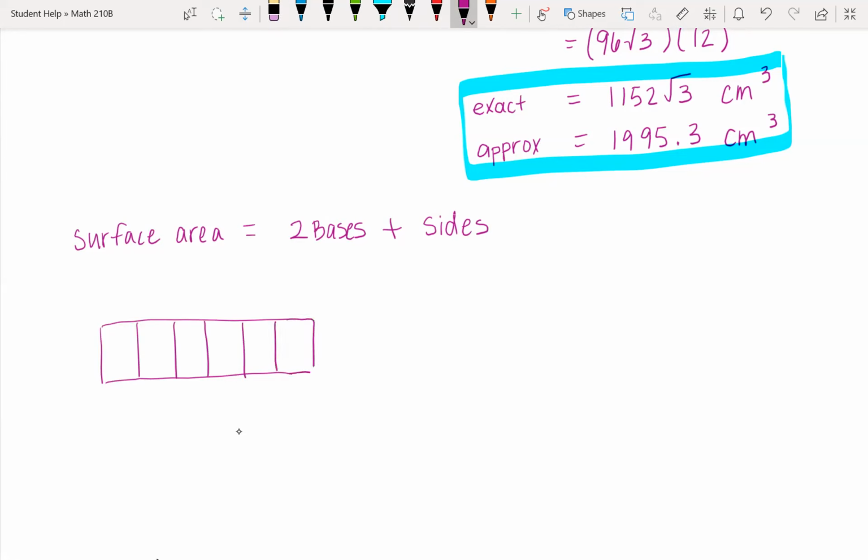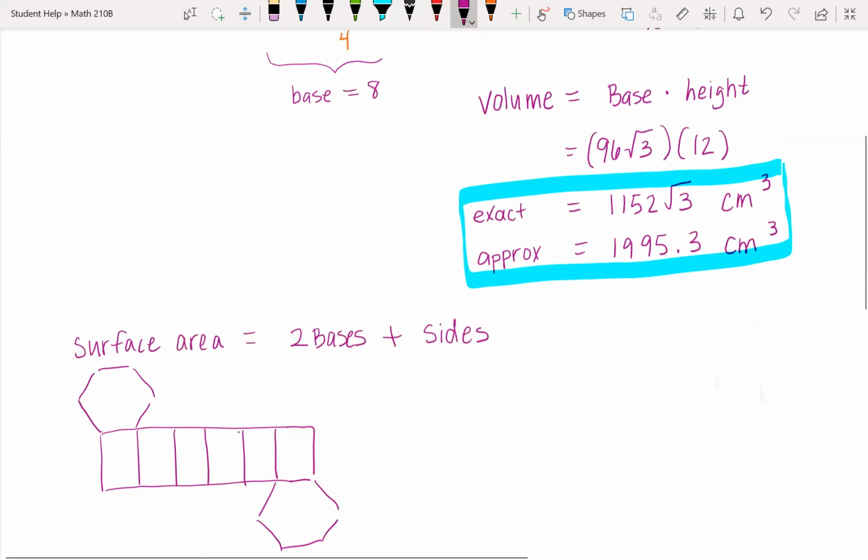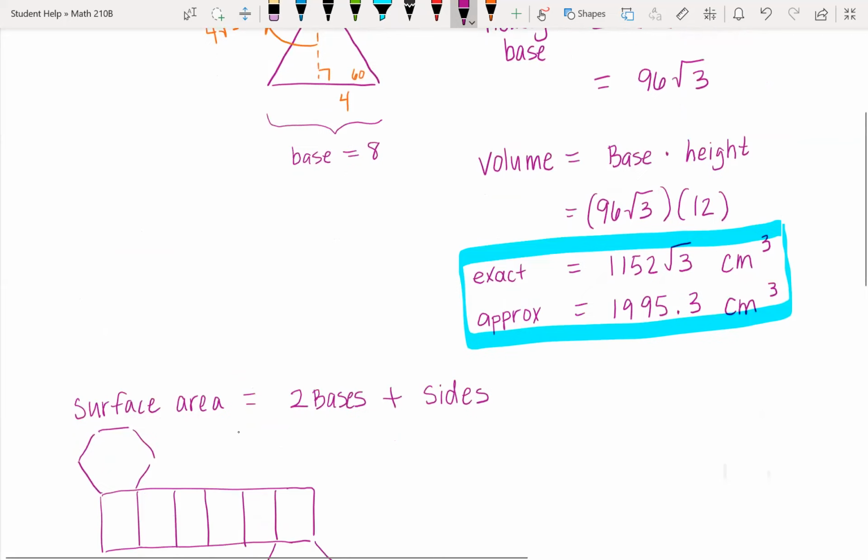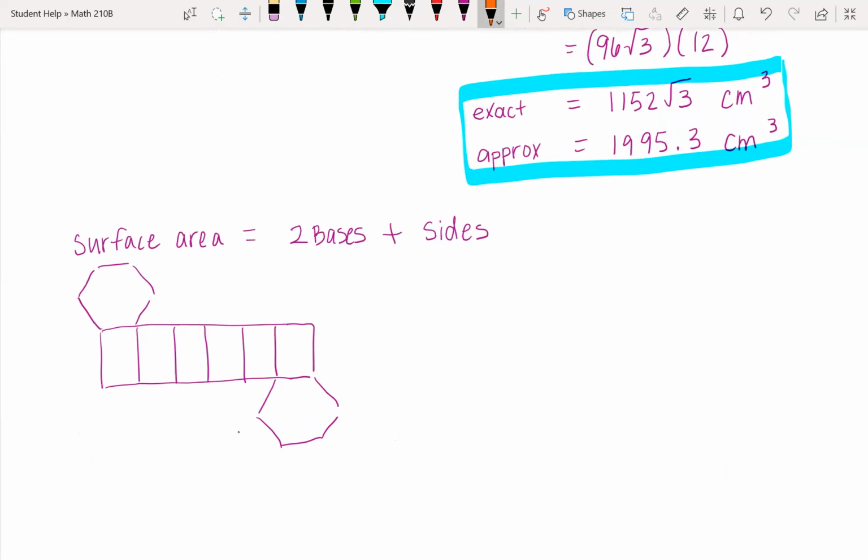There are 6 sides. I'm going to have a hexagon for one of the bases, and then another hexagon for the other base. We already found the area of one of the bases. We said that it was 96 times the square root of 3. So this is 96 square root 3, and this is also 96 square root 3.